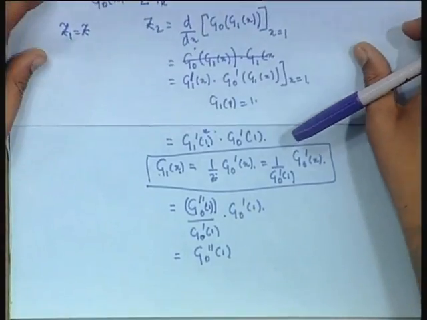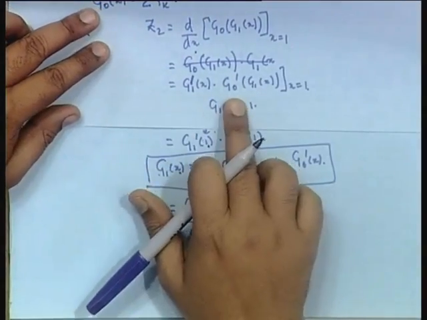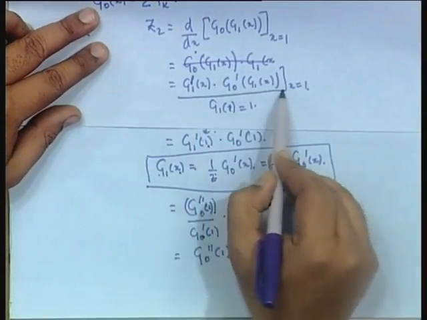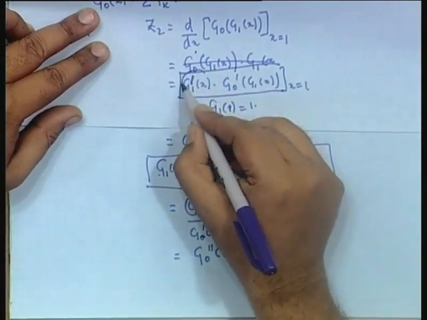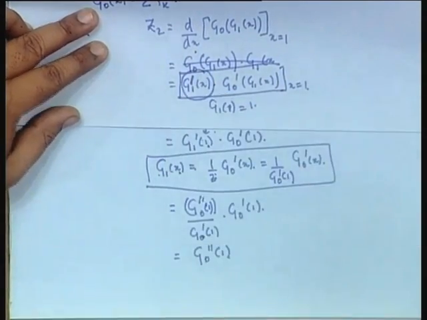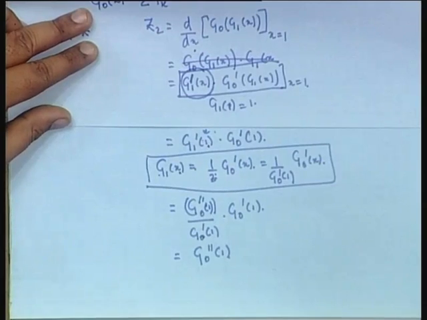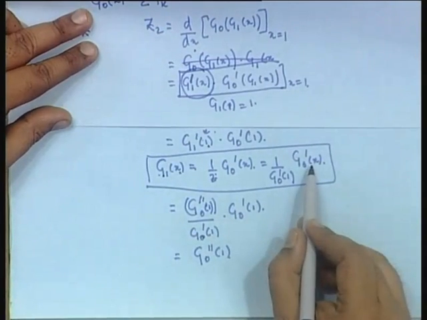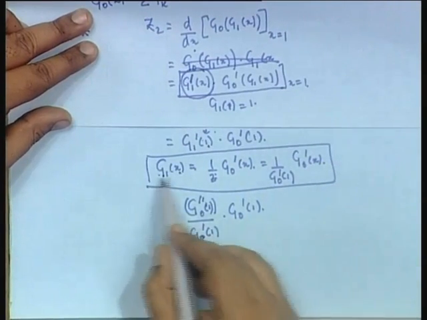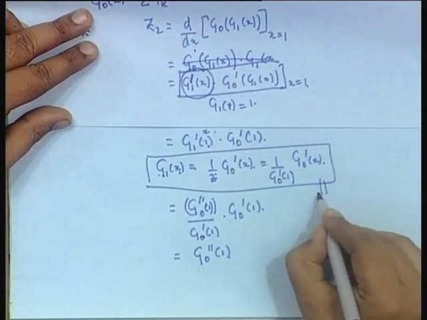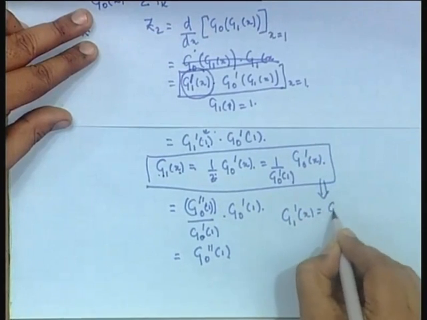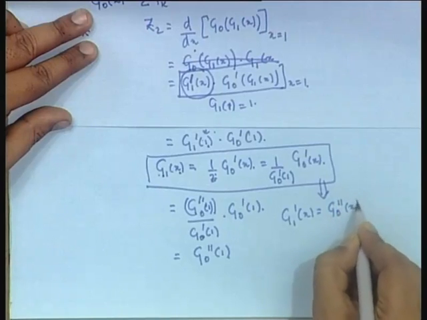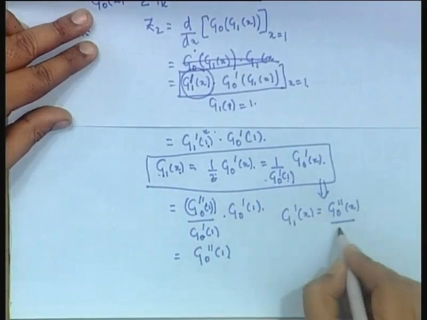Try to see this. You have G1 dash x. This part, I am trying to think about G1 dash x. I know G1 x. So from here, tell me what will be G1 dash x. G0 double dash x by z, this is a constant, this is z.